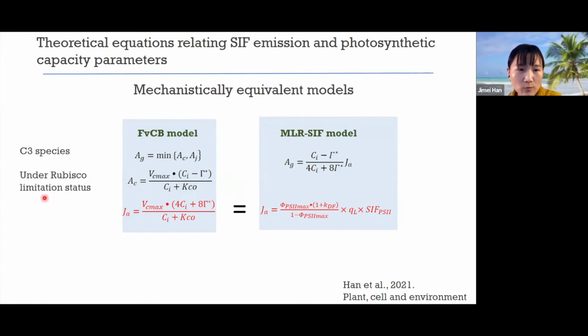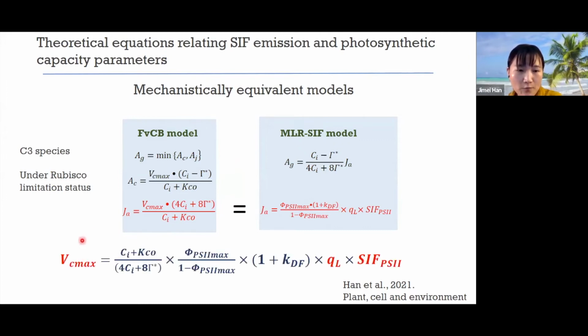So first, under the Rubisco limitation status, we can derive the functional relationship of Vcmax with SIF.